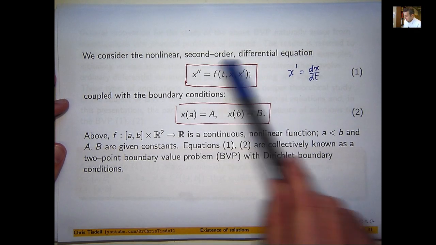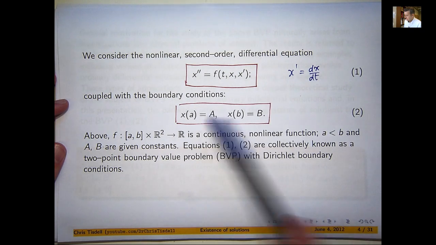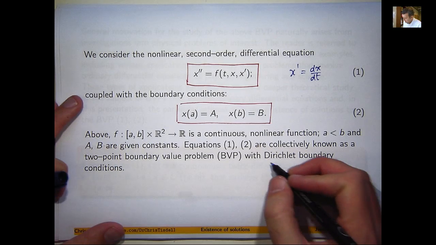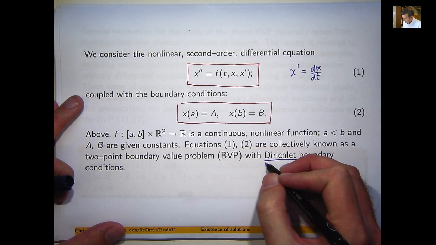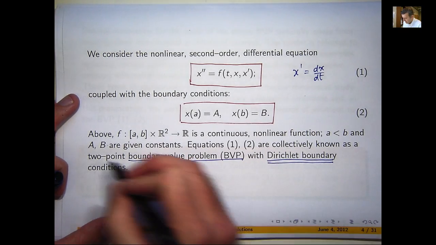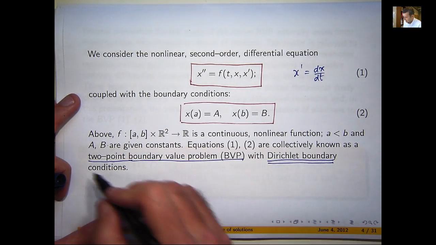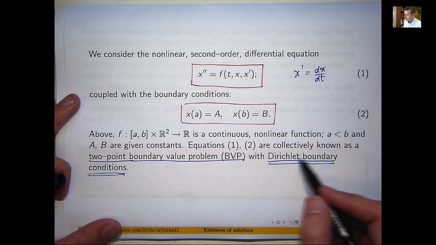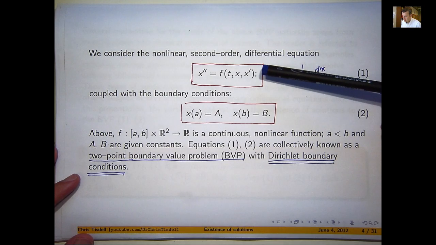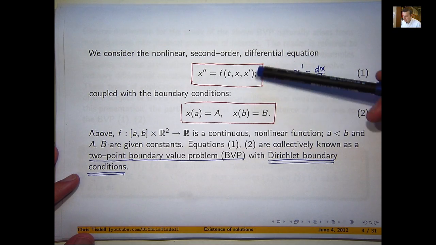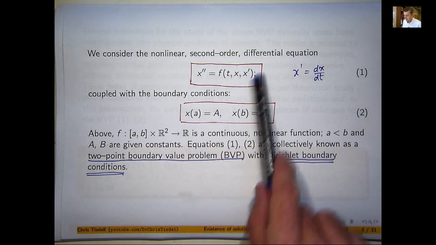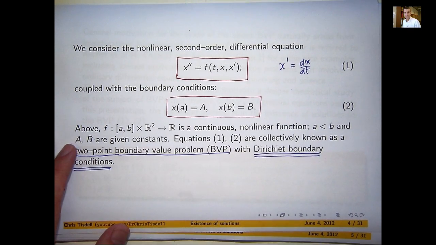Now, if we couple equation 1 with the conditions in 2, then these ideas are known as a boundary value problem, or BVP, involving 2 points, and in particular one with Dirichlet boundary conditions. So the main idea of this presentation is to study the qualitative properties of solutions to this joint problem.